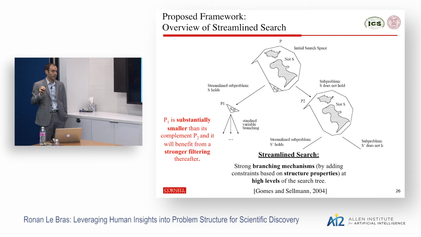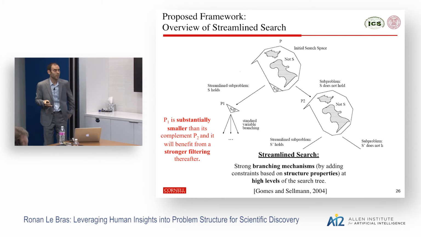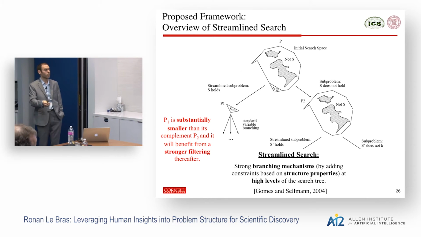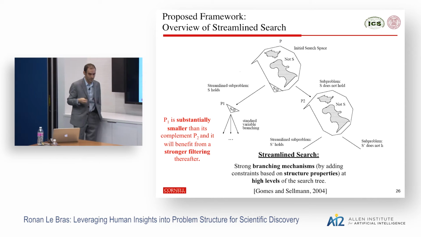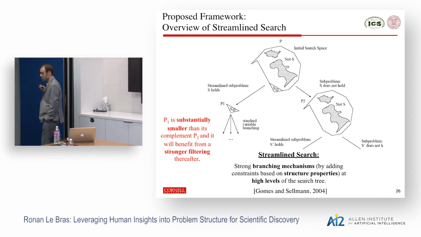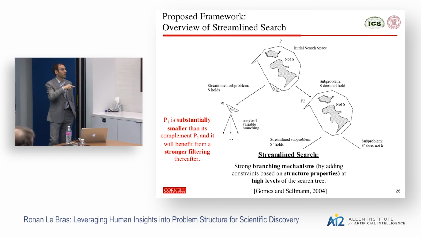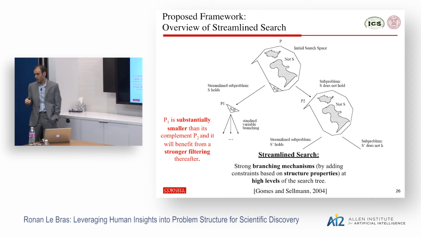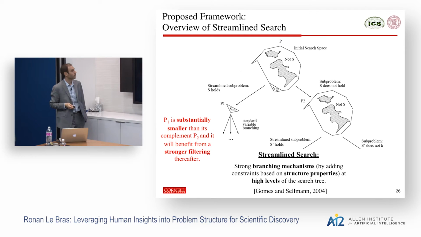By that, not only do you end up with a substantially smaller space, but you also benefit from much stronger filtering thereafter in the search tree. You can see that as a really bold move, saying, I bet there are solutions that have this property, so I'm going to focus on them and only look for them. Of course, if you were wrong, you may have to backtrack and go back to the other side of the search tree.